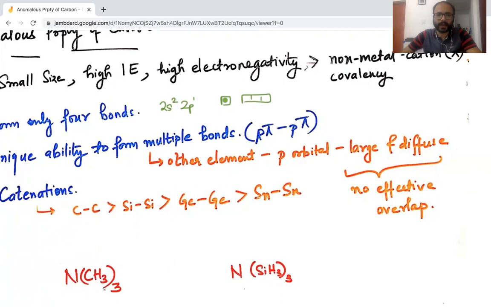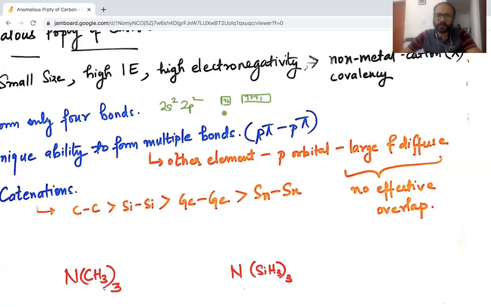So this would be the ground state electronic configuration. Sorry, it is 2p2, not 2p1, so there should be one more electron here.